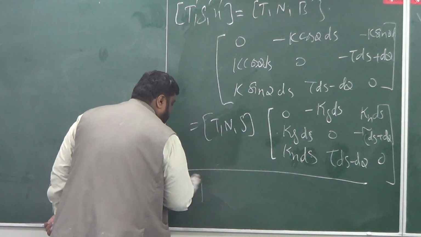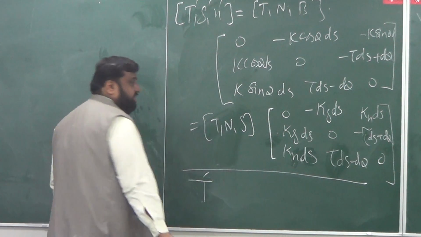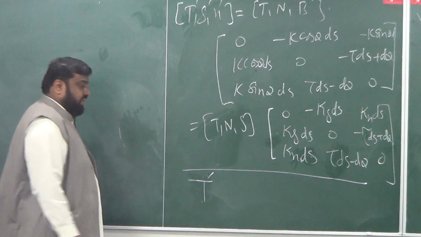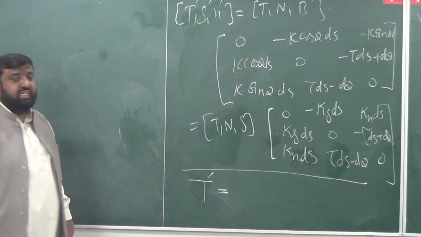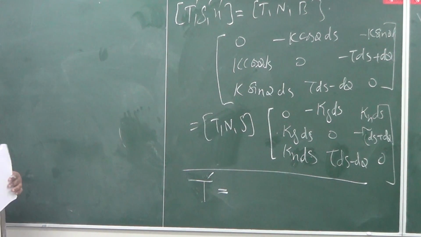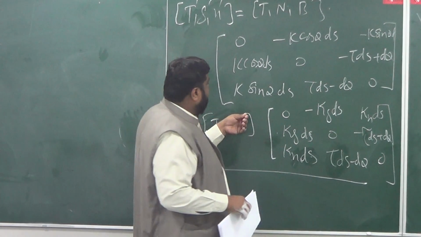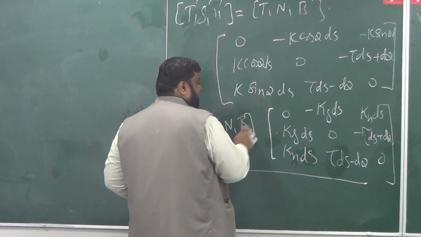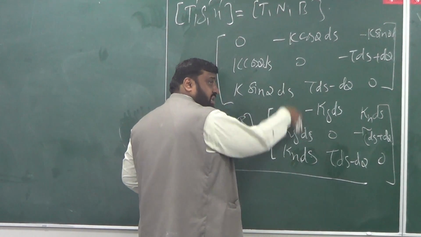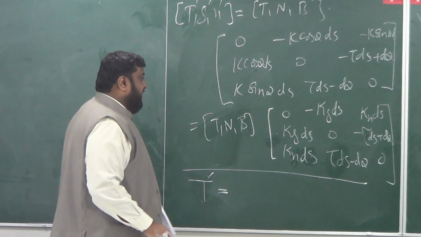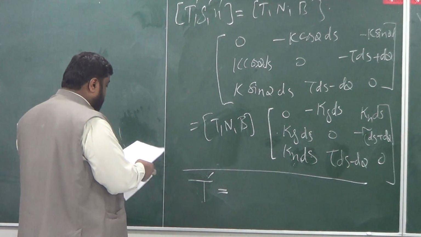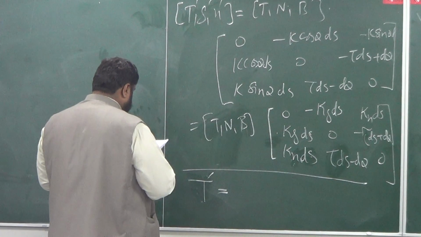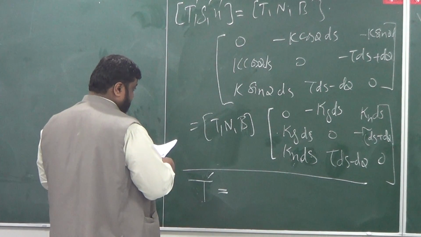What would be T prime from this, if I want to write it explicitly? Then I need to take my T, G, N and multiply it with this. If I multiply it with this, so it's going to be kg.